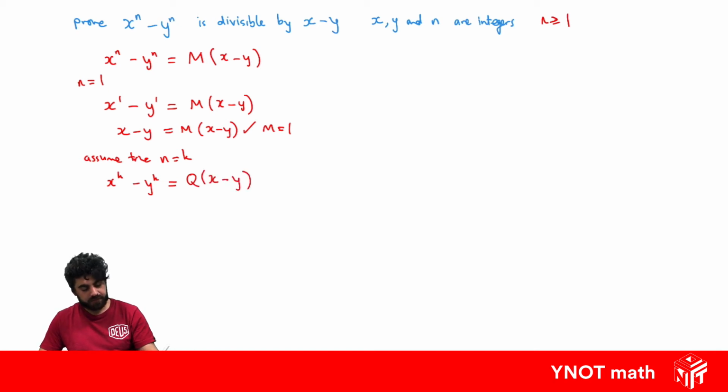While we're here, we might make x to the k the subject, because we're going to use it later. So we'll say x to the k is going to equal y to the k plus q times x minus y. We should say that q is an integer.